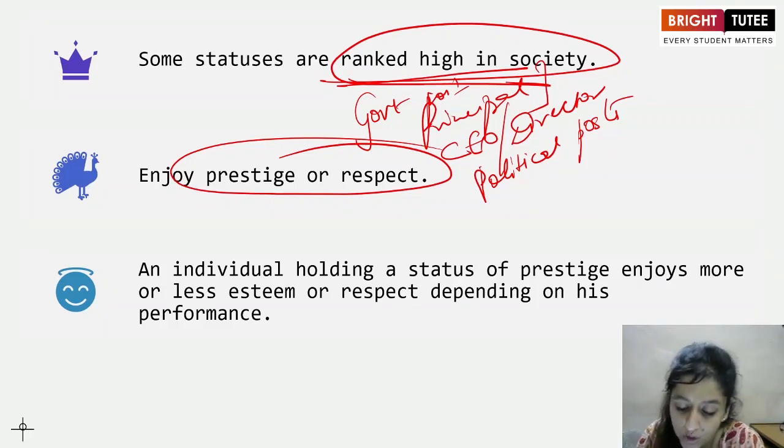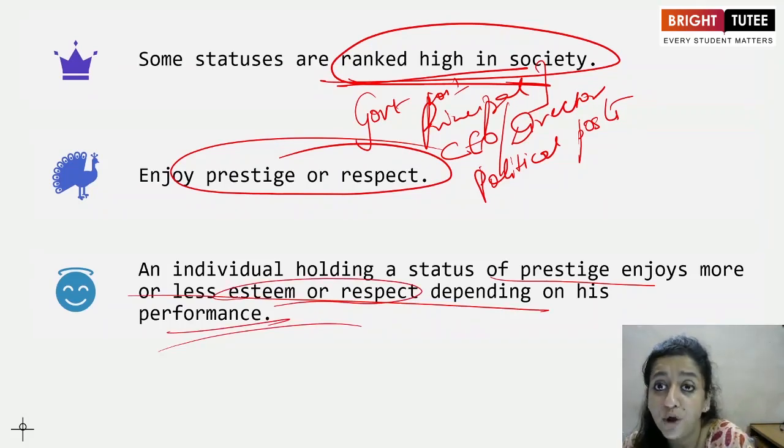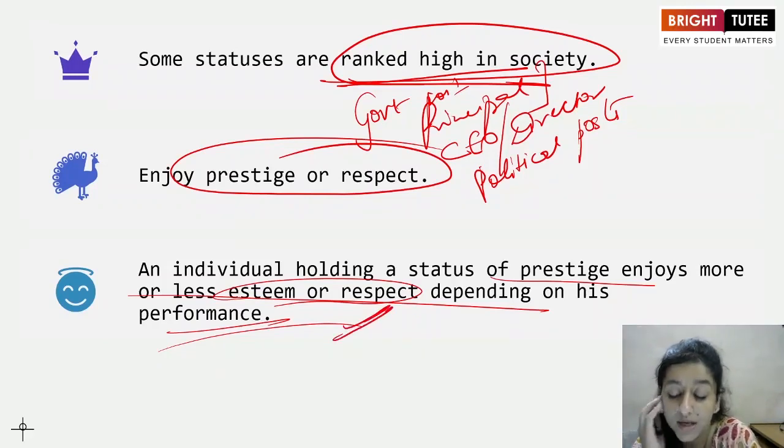An individual holding a status of prestige enjoys more or less esteem or respect depending on performance. The kind of performance and the kind of responsibilities that political leaders show with respect to us is what makes us give them that respect, that esteem.